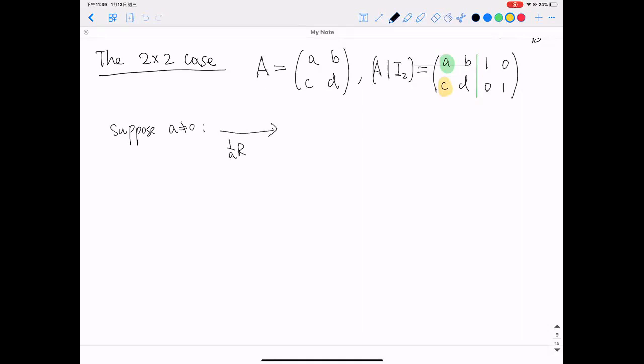1 over A R1, then R2 minus C R1. So 1 over A R1 will give you 1, B on A, yes, B on A, 1 on A, 0.